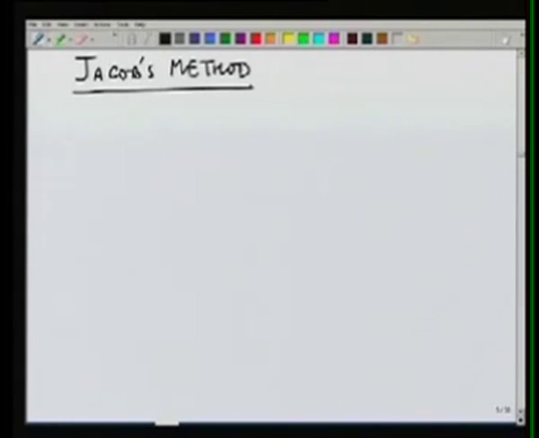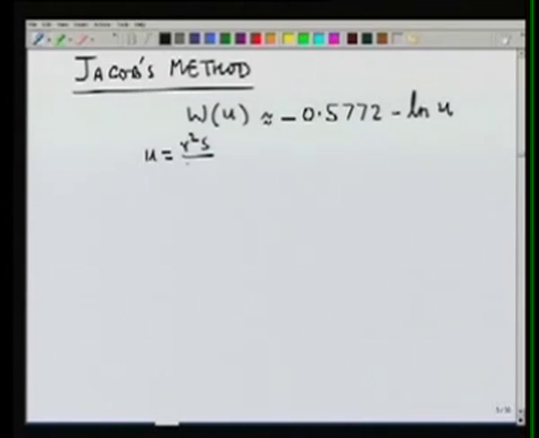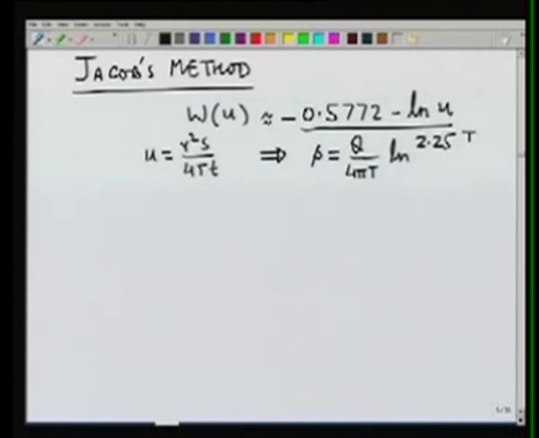So in the Jacob method, as we have discussed, we use the approximation for W(U), and since u is r squared S over 4 T t, it gives us the value of the drawdown S as q over 4 pi T, W(U), which is approximated by this, and it can be written as natural log of 2.25 T t over r squared S, where this 2.25 comes from this factor of 0.5772.